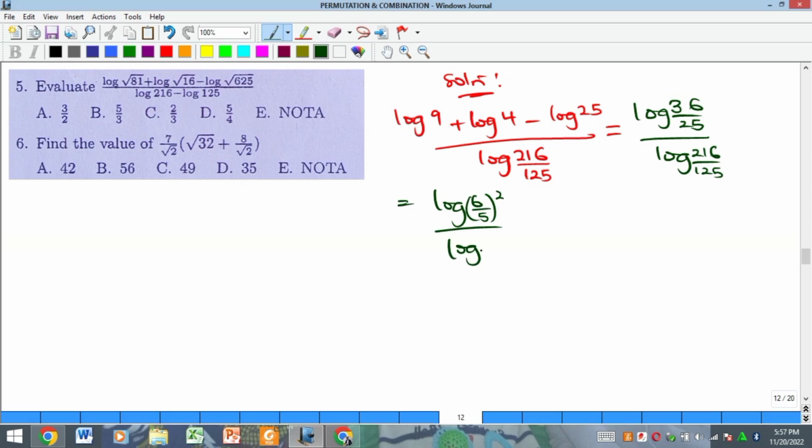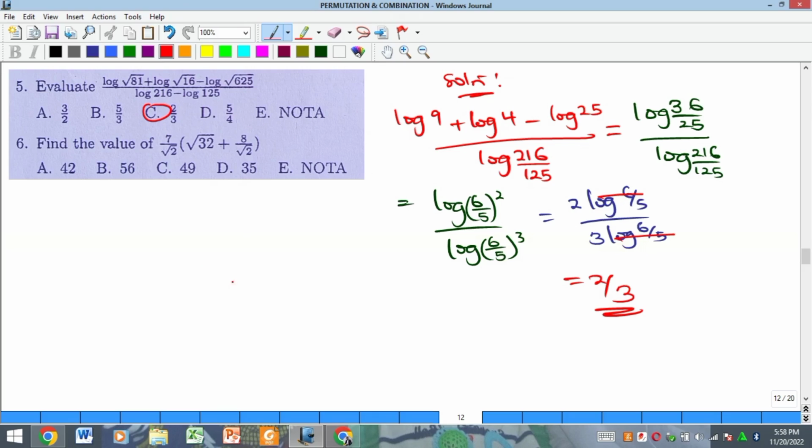And we can do the same thing here, 6 over 5 all cubed, because the cube of 6 is 216, while the cube of 5 is 125. So by logarithm law, bring the 2 to the front, bring the 3 to the front, so you have 2 log 6 over 5 all over 3 log 6 over 5. So here you have the same value, so I can quickly take away this logarithm, and my answer is 2 all over 3, and that is option C.